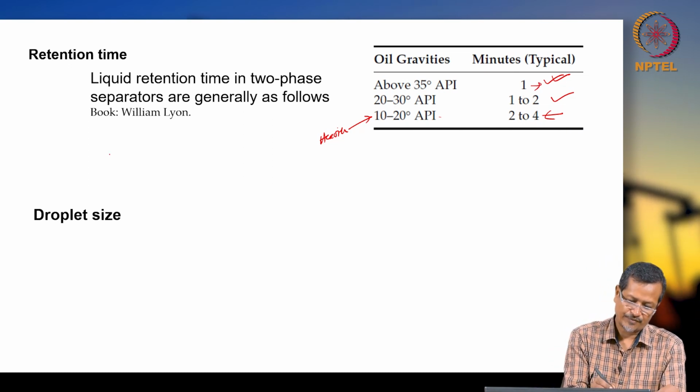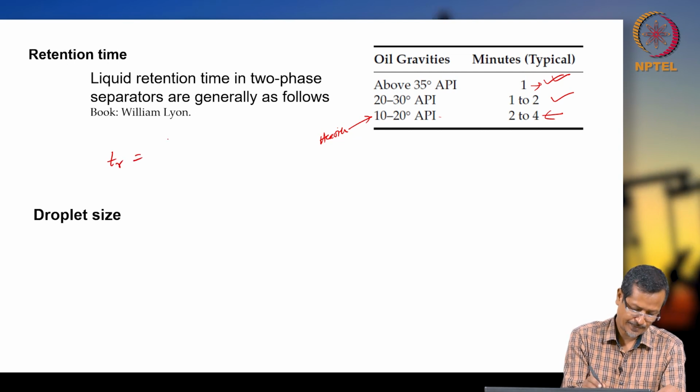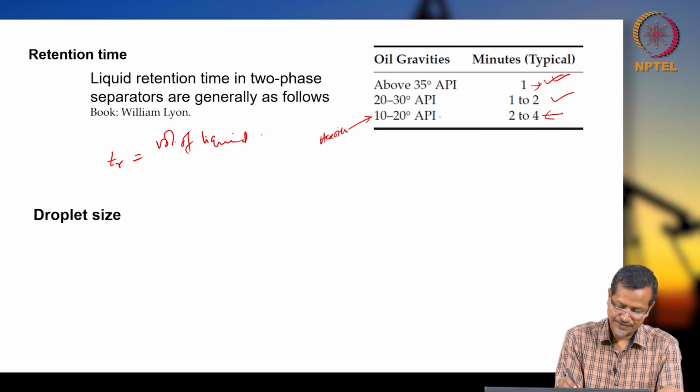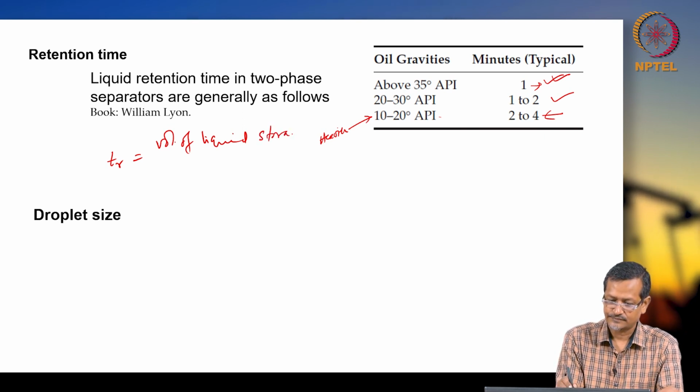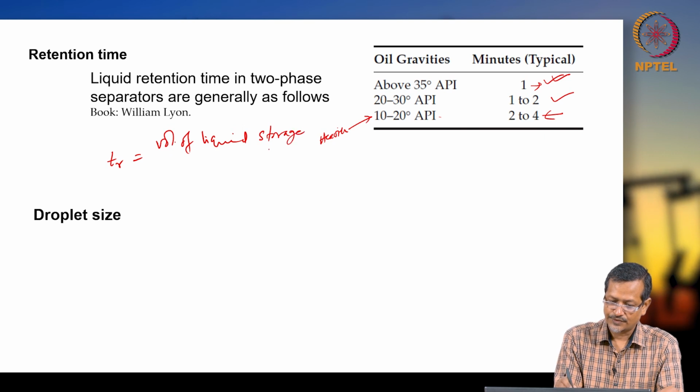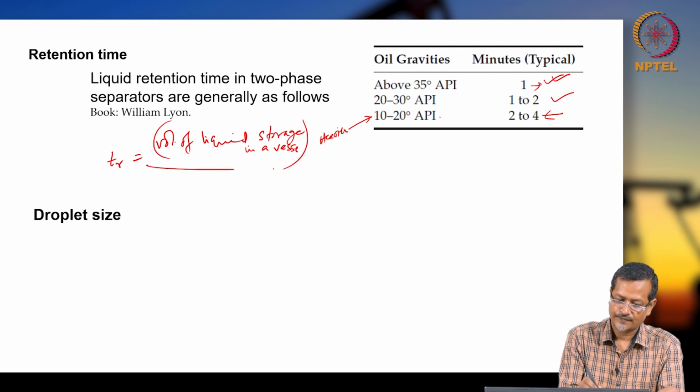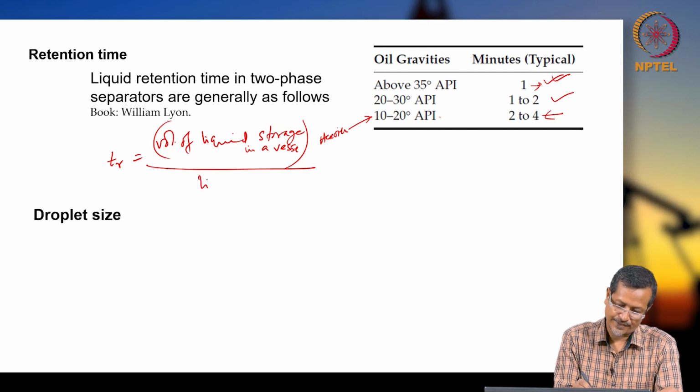The retention time formula: normally TR will be the volume of liquid storage in the vessel divided by the liquid flow rate.